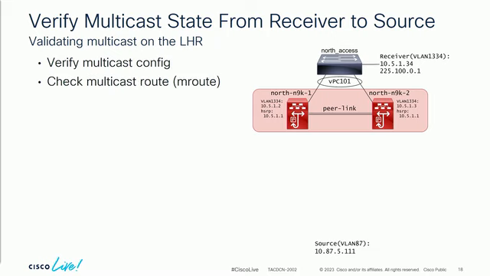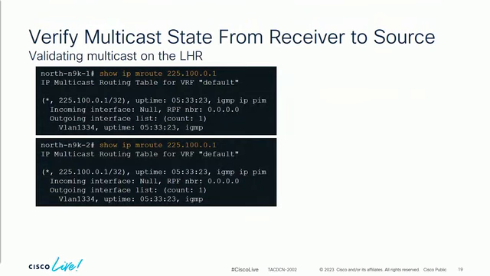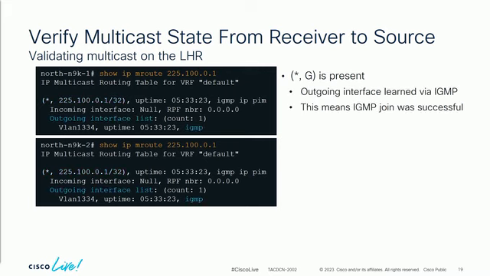Let's look at the mroute table on North 1 and North 2. The first thing to look at is that we have a star comma G present on North 1 and North 2, and that there is an outgoing interface, VLAN 1334. It's being populated via IGMP. I mentioned briefly before that a receiver can elect to receive multicast data via IGMP, and this is indicating that that's happening.